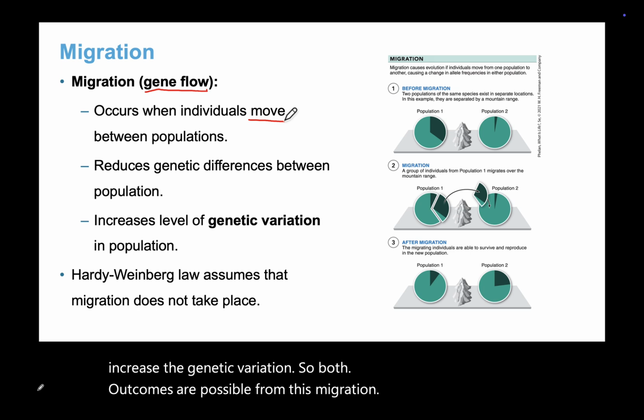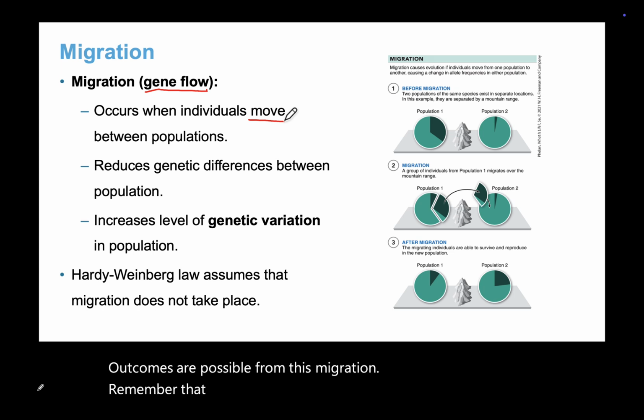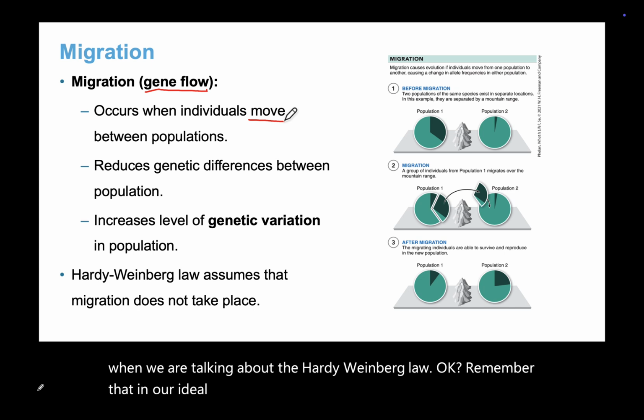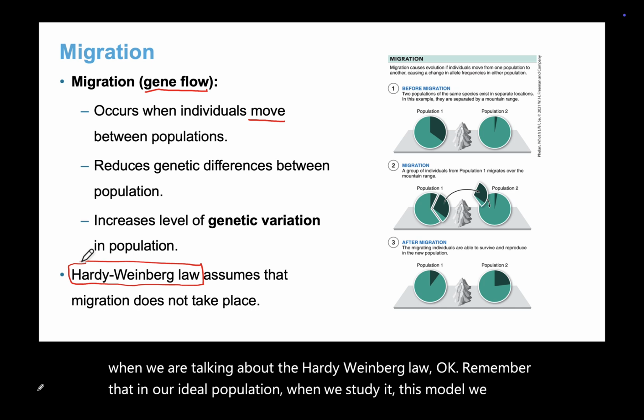Remember that migration is one of the things that we do not count when we are talking about the Hardy-Weinberg law. Remember that in our ideal population, when we studied this model, we assumed that migration did not happen.